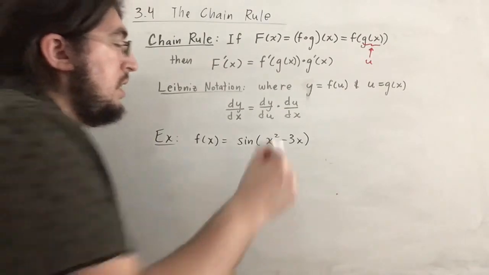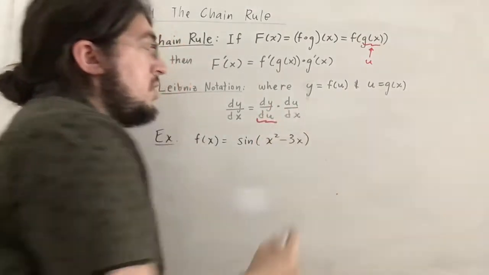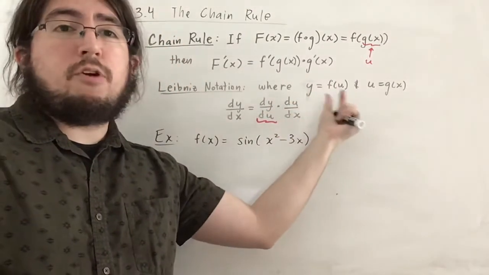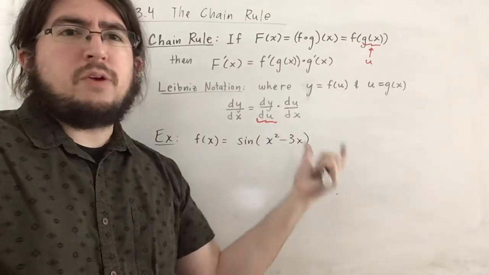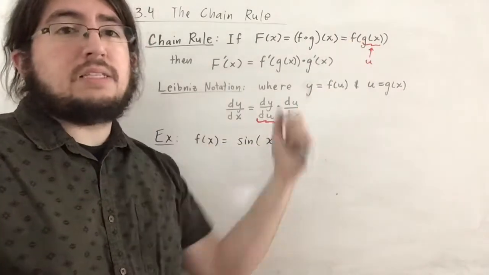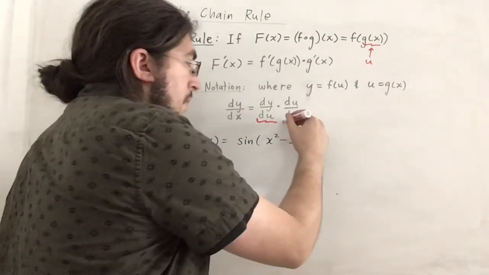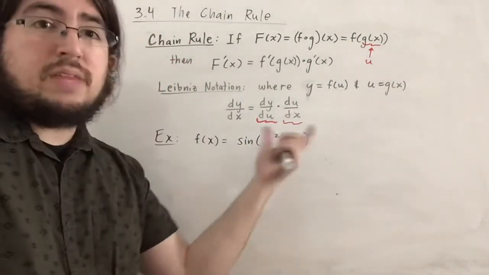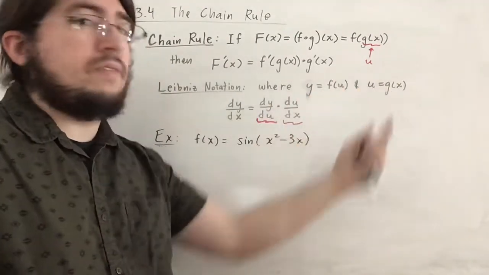Notice dy over du is the derivative of y with respect to the variable u, so that's just f prime of u, the derivative of f, leaving the inside the same, multiplied by u prime of x, the derivative of the inside, the derivative of u with respect to the variable x.